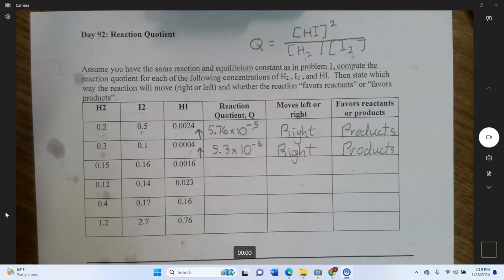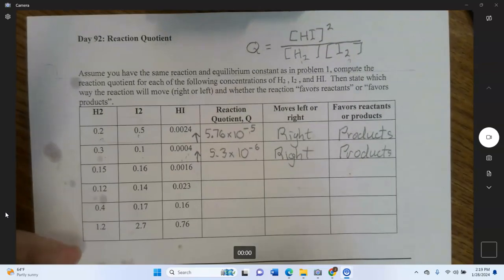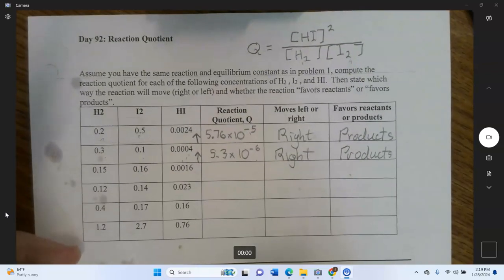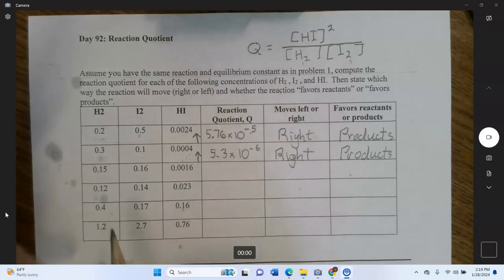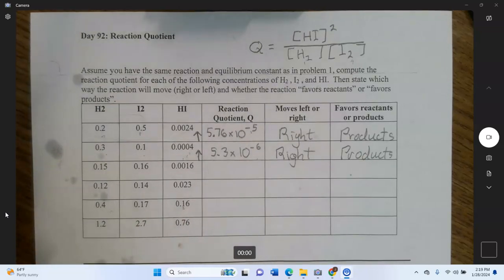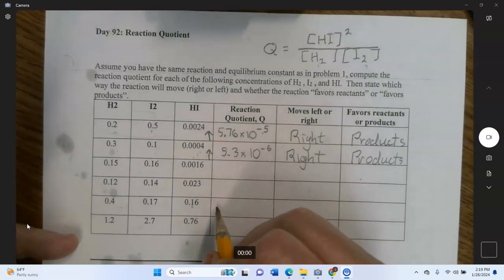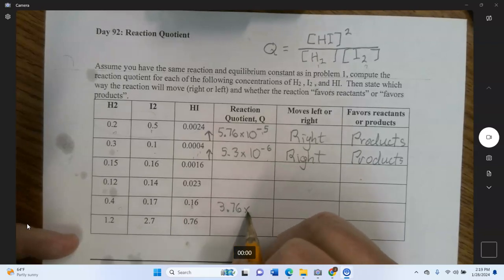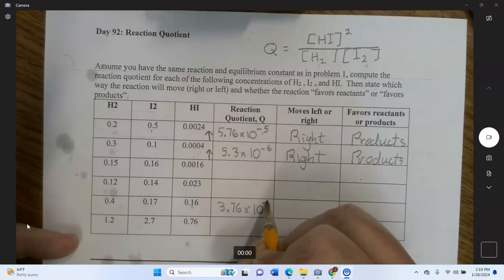Okay. All right, let me just pick another one randomly. I'm going to pick this one down here. So it's 0.16 squared divided by 0.4 divided by 0.17. Okay, and that gives us 3.76 times 10 to the negative 1 power.